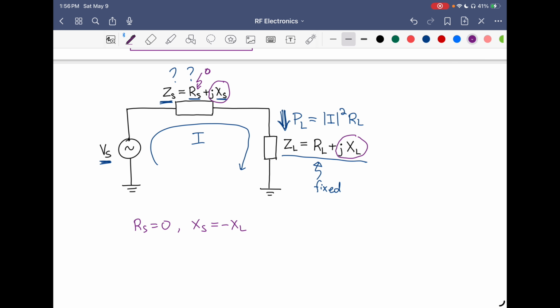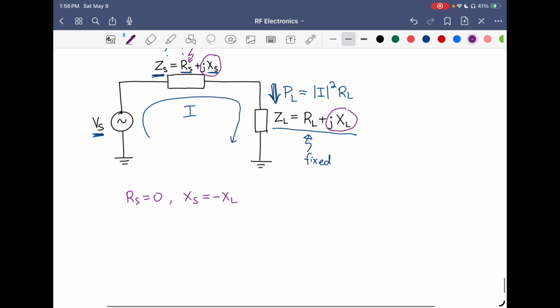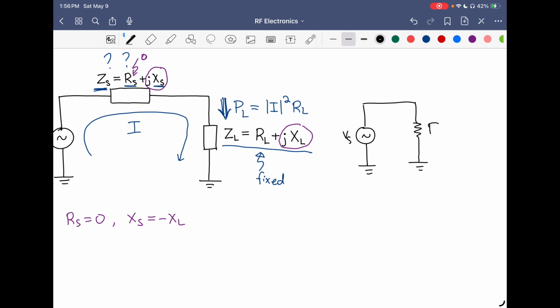So in this case, we would get an equivalent circuit that's just a voltage source Vs driving a resistor RL.